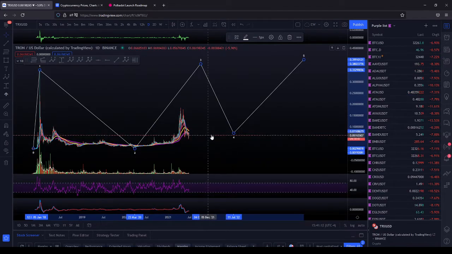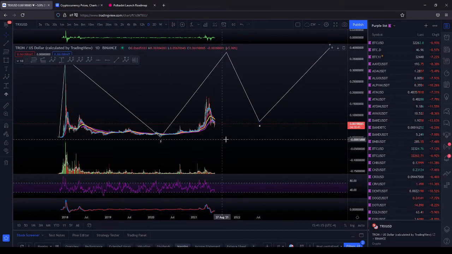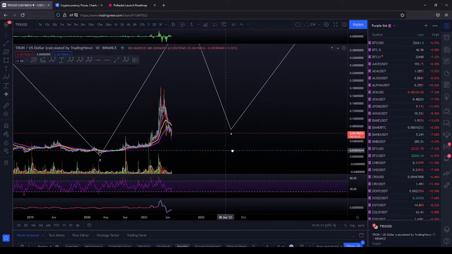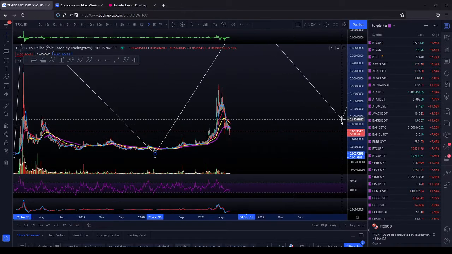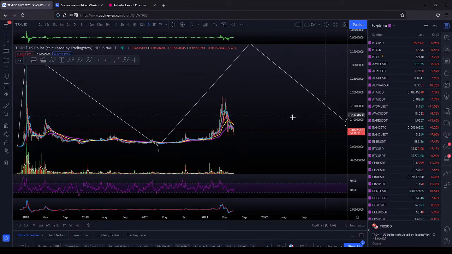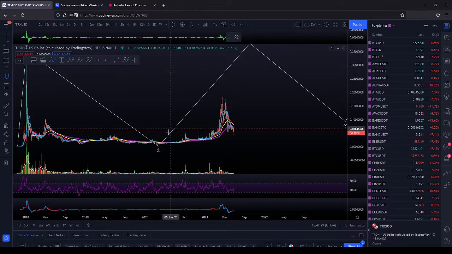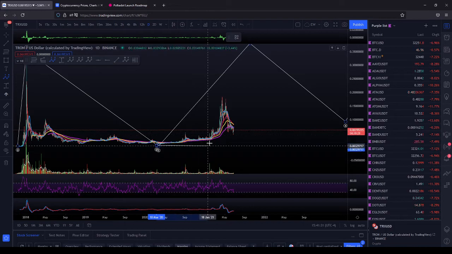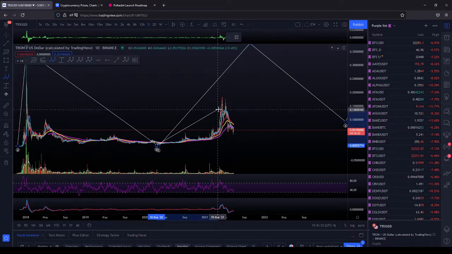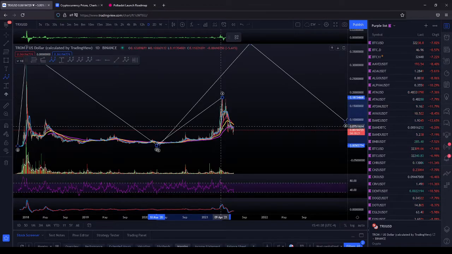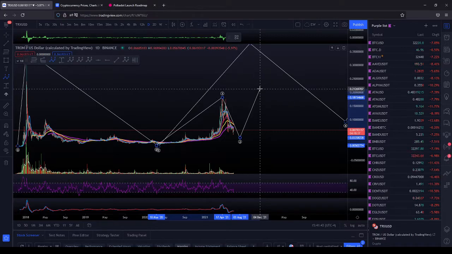That would suck. This chart is making me uncomfortable, guys. Got 1, 2, probably 3 right here, and this is 5. A, B, C. Not sure if it's done or not.